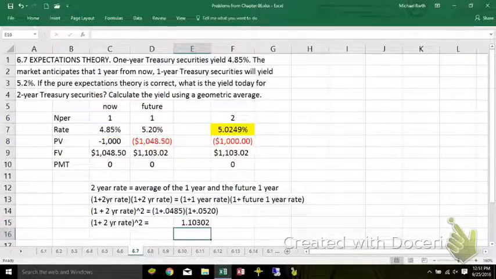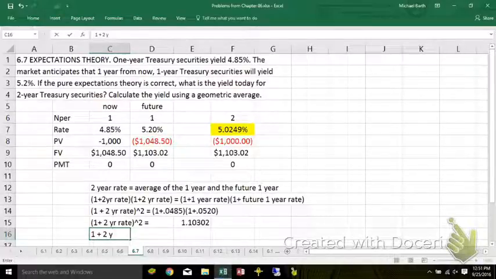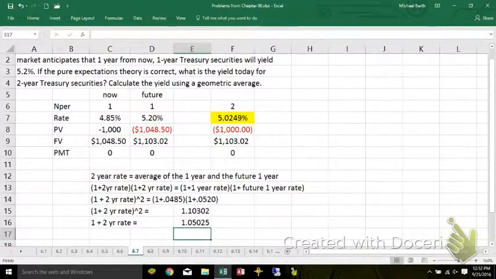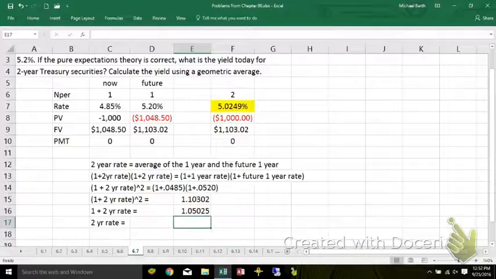1.1032, so that'd be 1 plus the 2-year rate, I take the square root of both sides, would be equal to that raised to the 0.5 power, or the square root. So the 2-year rate would be equal to this minus 1.